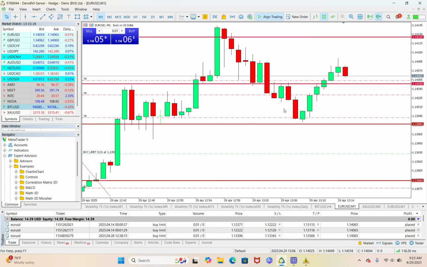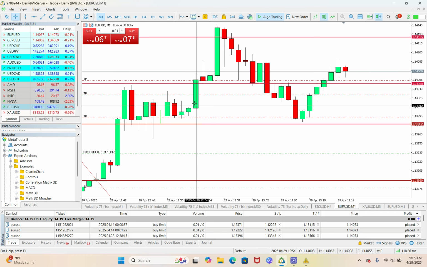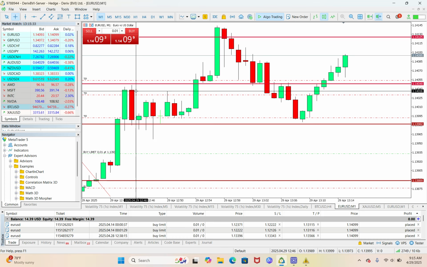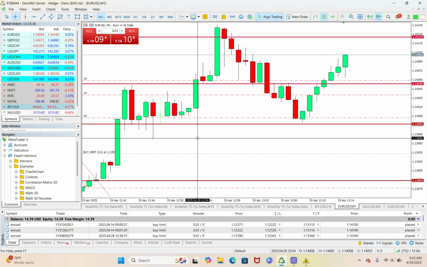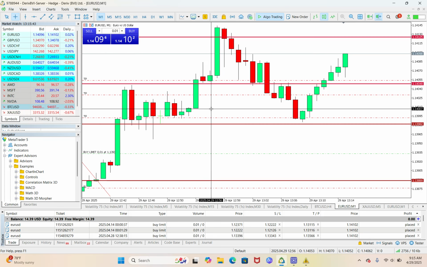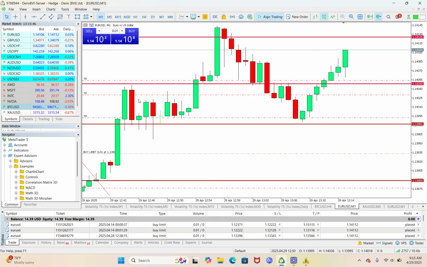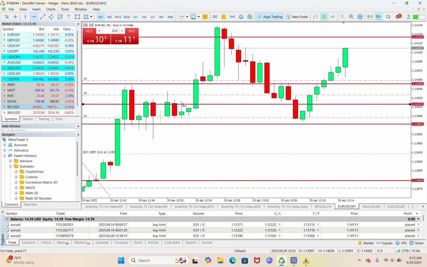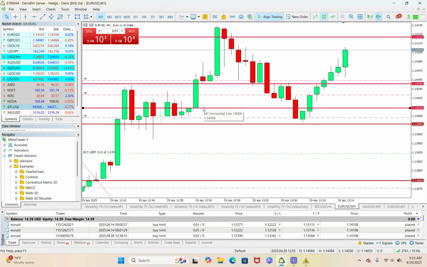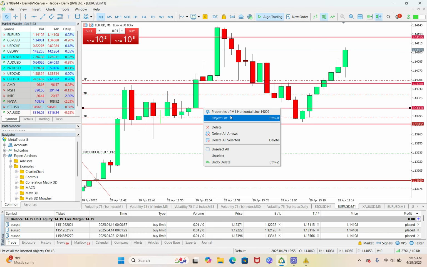Now, if I wanted to trade this area, I could have. Let me show you why. The fact that this area right here was the last area where buyers were in control of the market.